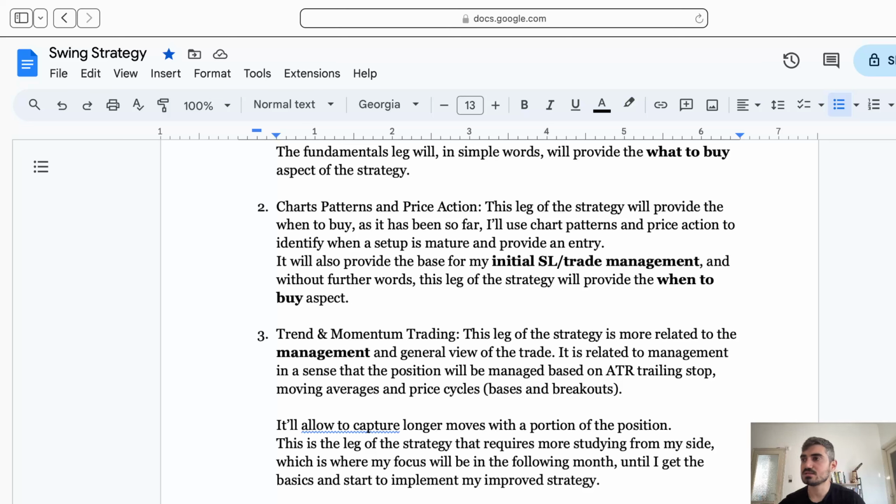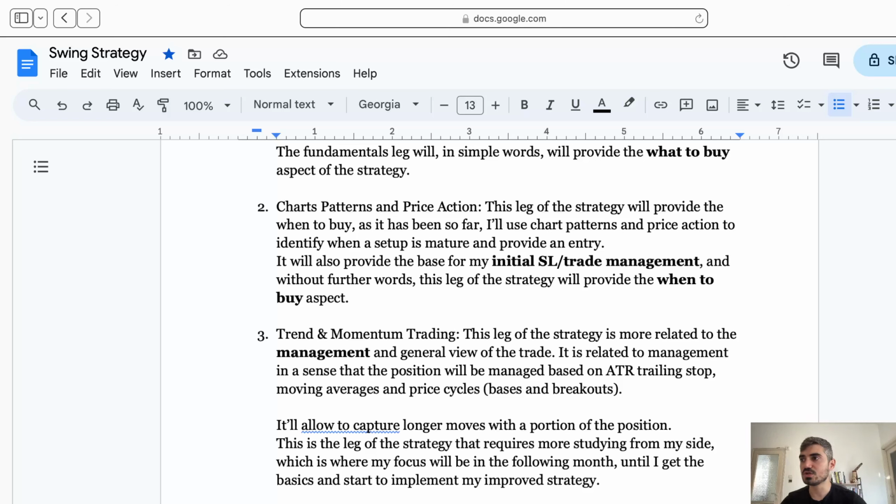So once again, guys, if the fundamentals told me what to buy, and the classical chart patterns and price action told me when to buy, the trend and momentum trading is telling me how to manage the trade.